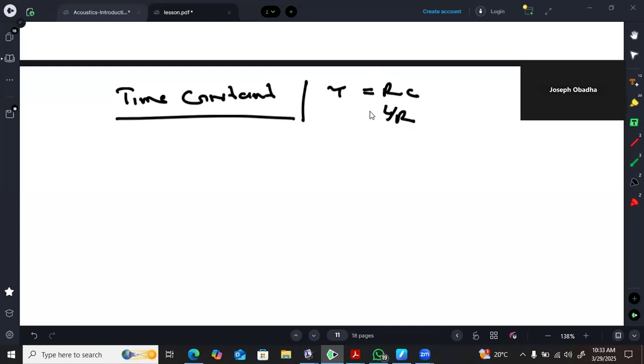So you can see that we can also do the same by measuring the damping factor of this circuit. And it may have a different name, like we can call it characteristic time, time constant, relaxation time.